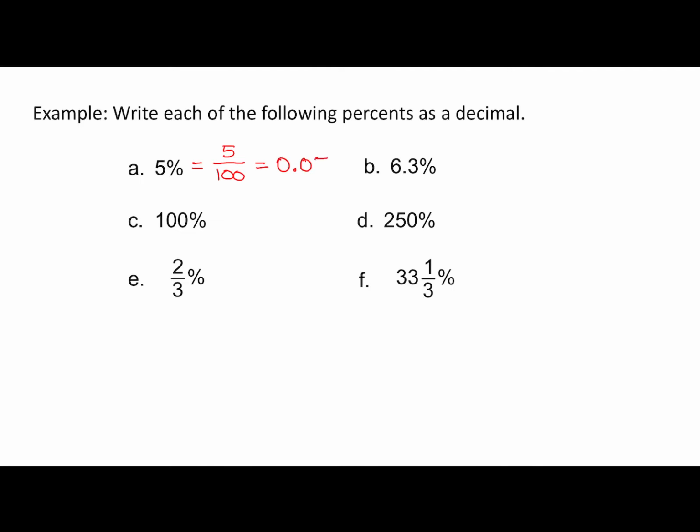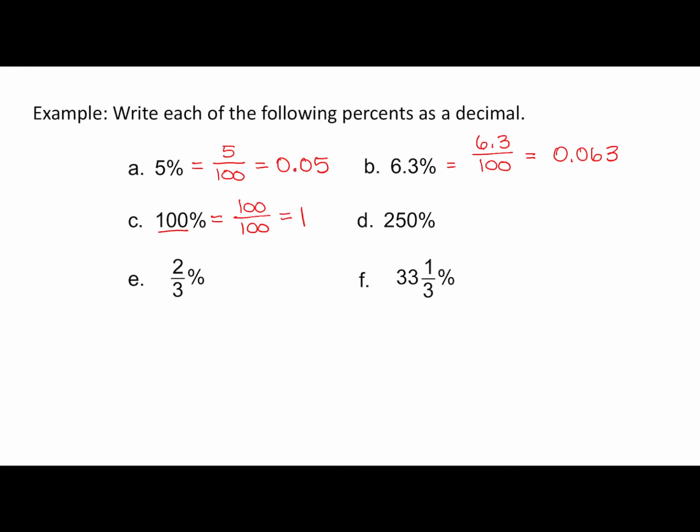It's 0.05. 100% is 100 over 100, which is 1. 6.3% is 6.3 over 100, which is going to be 0.063.